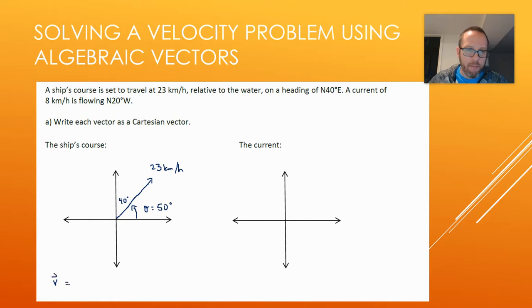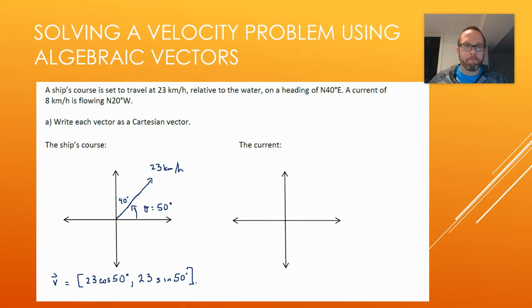I'll say V for the ship's velocity is going to be 23 times the cosine of 50, and then for its y value, 23 times the sine of 50 degrees. And I'll leave it like that.